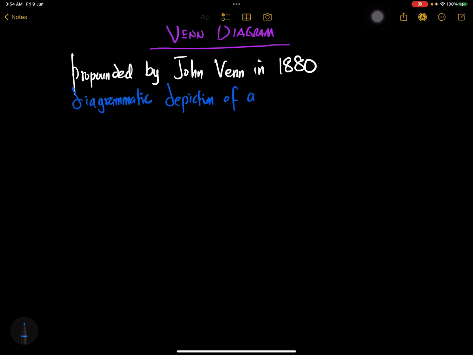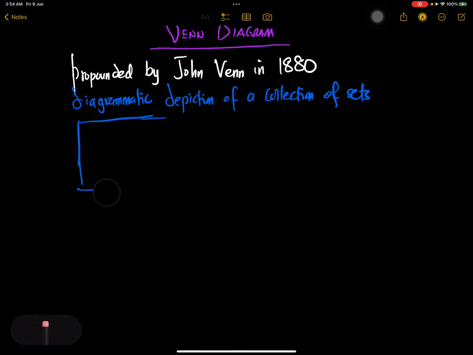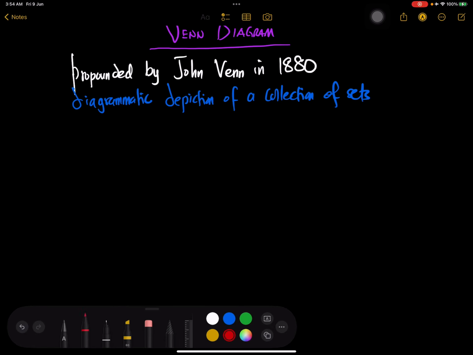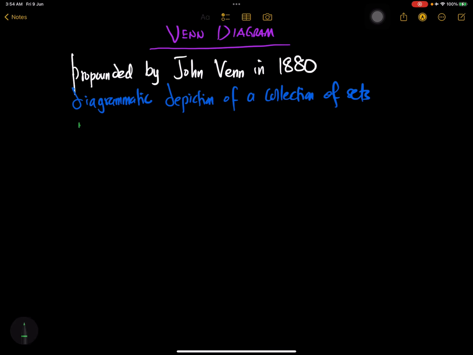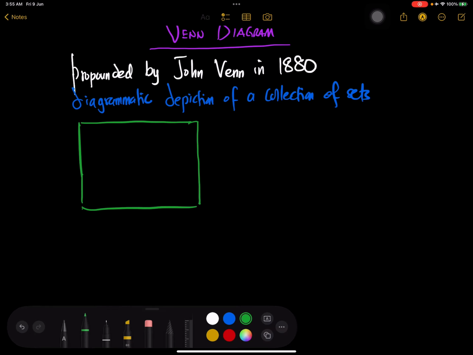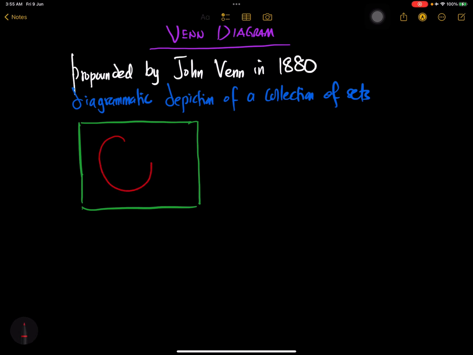Usually it's of the form where you draw a rectangle or maybe a square, depending on what you're looking at, and in this rectangle you have your sets inside.